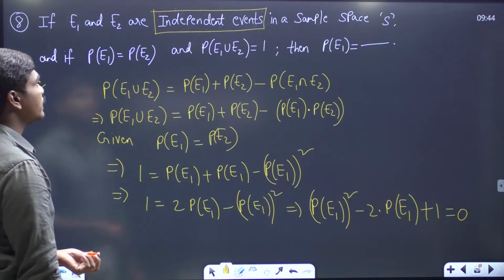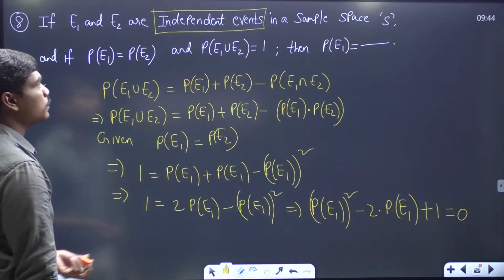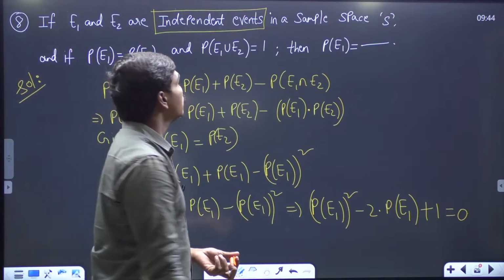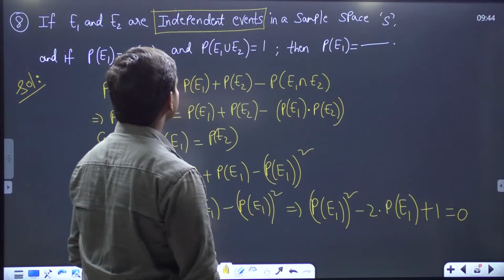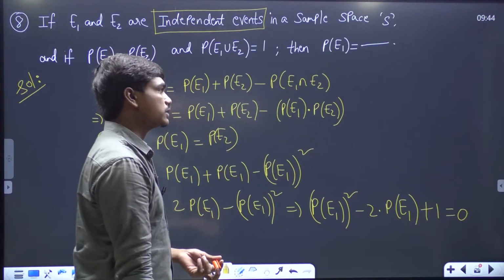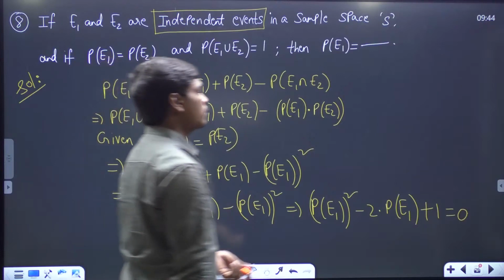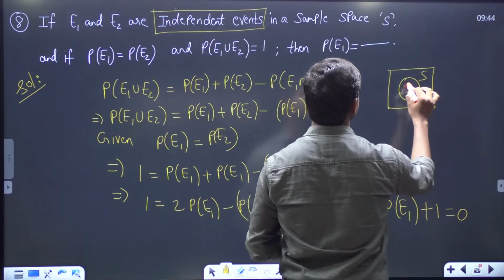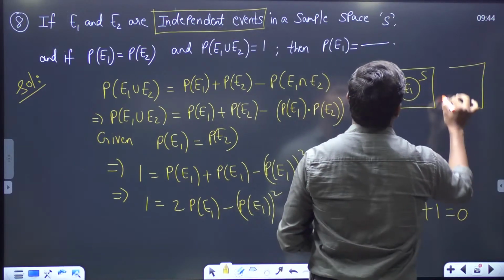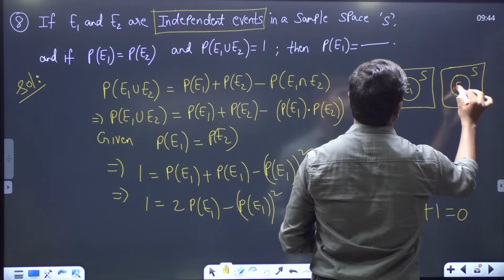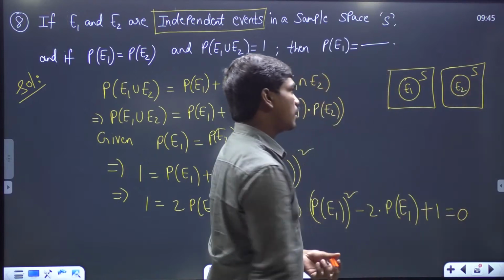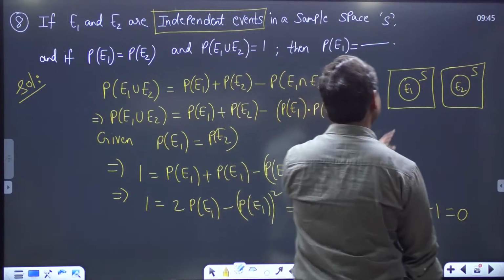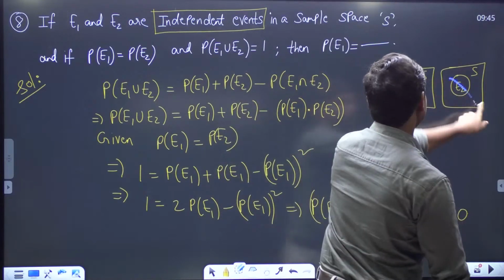But if probability of E1 is 1, then what about probability of E2? Which means basically E1 and E2 are same events within 2 different sample spaces. Means the case is something like, if this is a sample space and if this is E1 and this is E2. But if this is E1, then the sample space itself is E1 for this.